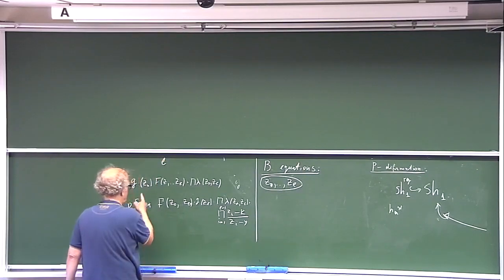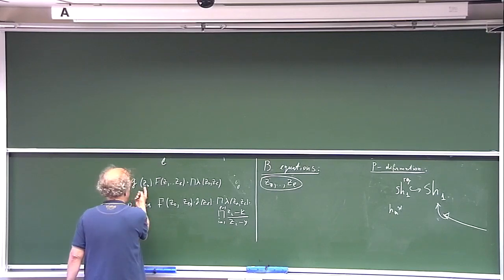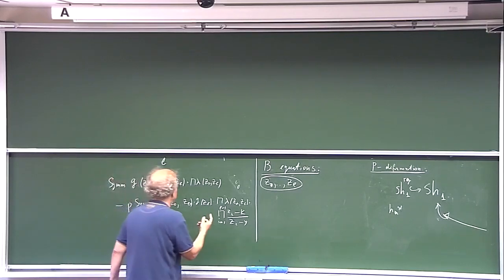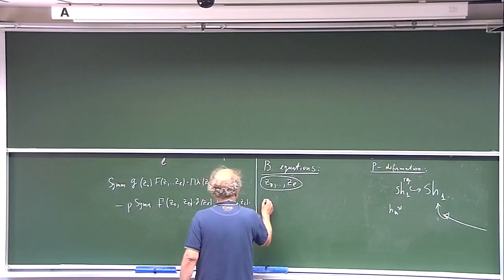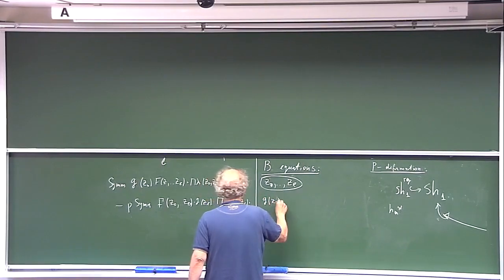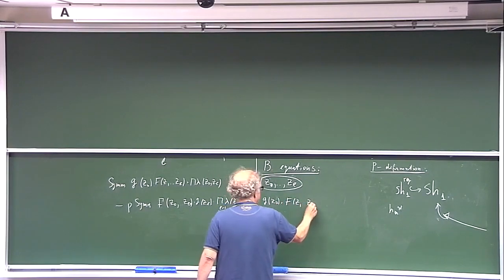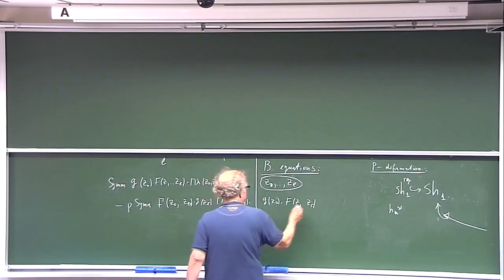For example, one term is just this. It is J V0 times F V1 V8 times the product which we have here.